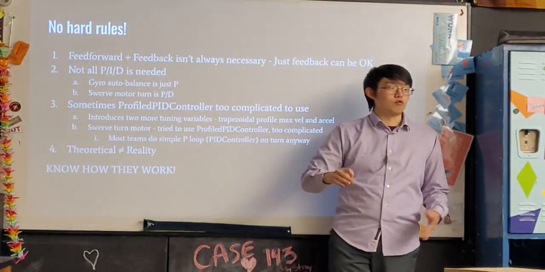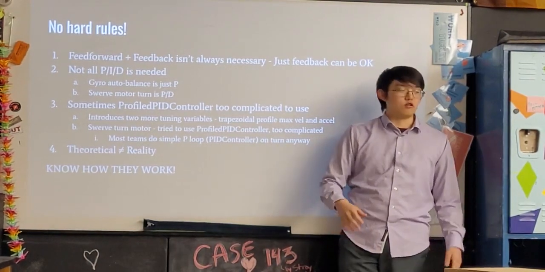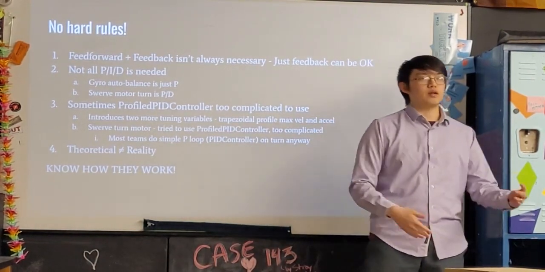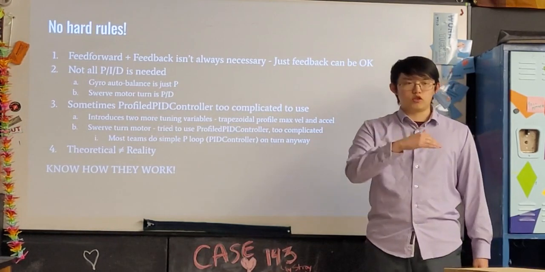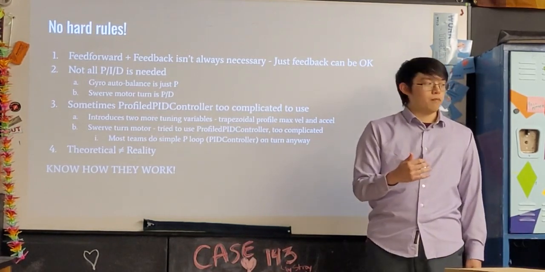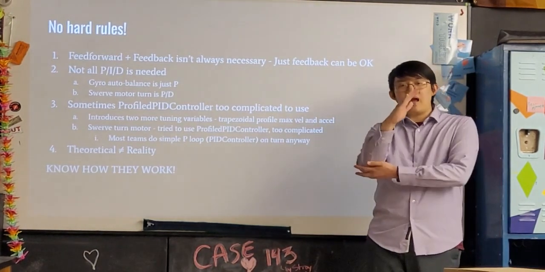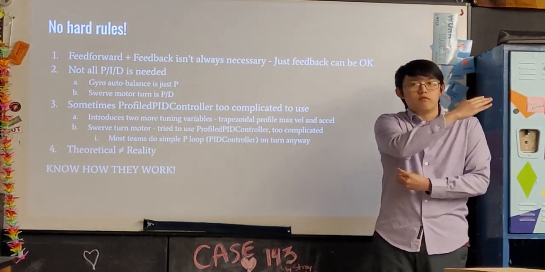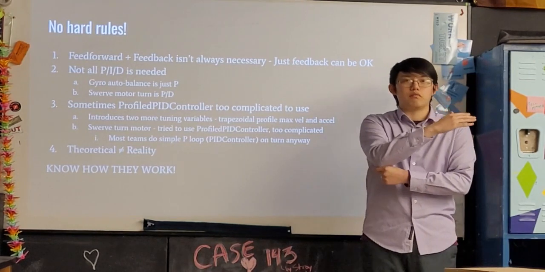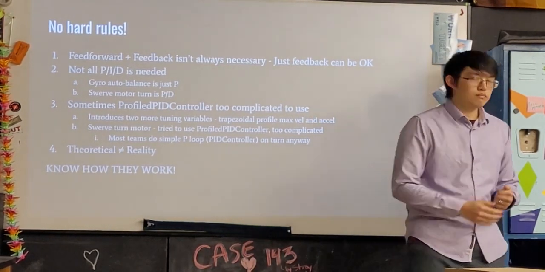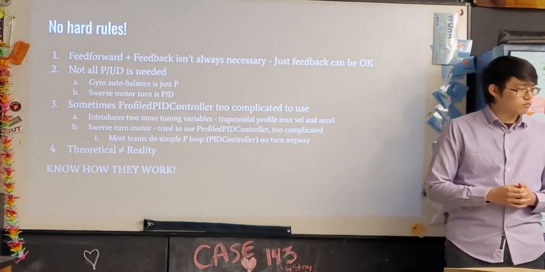There's no integral correcting for steady state error. There's no derivative correcting for sharp changes in the angle. The gyro auto balance is just a P controller. More angle tilted, more force, more movement upward. And that was possible because the mass of the balance beam was much heavier than the mass of your robot.